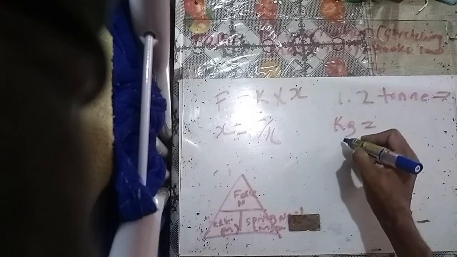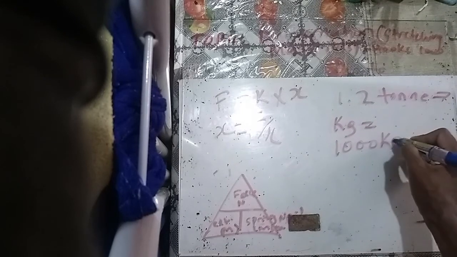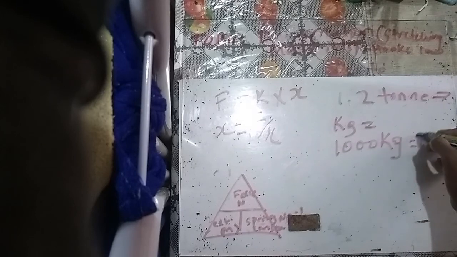We need to ask ourselves, how many kilogram make 1 ton? The conversion factor is 1,000. If you never knew, now you know. 1,000 kilogram is equal to 1 ton.